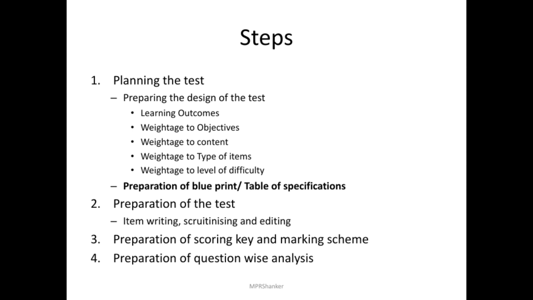Then preparation of the test is the second step, and preparation of the test includes item writing, scrutinizing of the items, and making necessary additions in the items such that the test paper is in congruence with the blueprint.